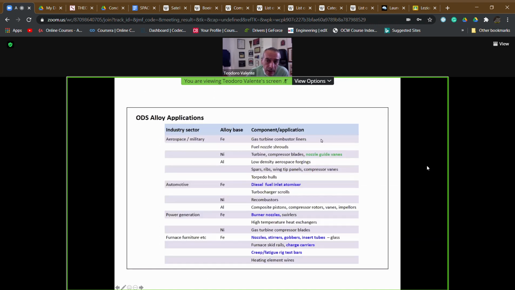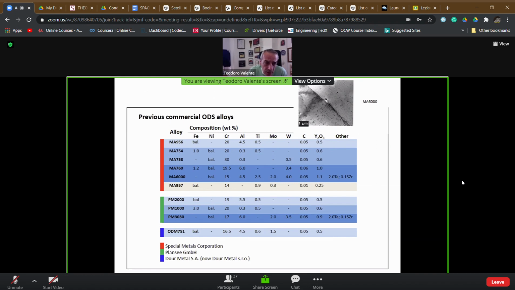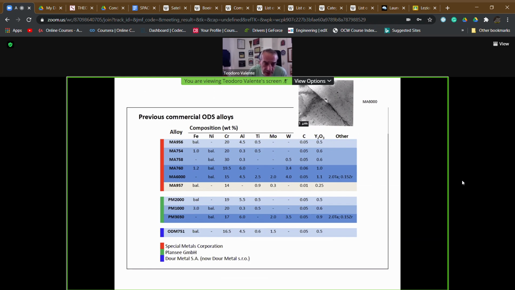You see in the column of the ceramic type, which is used to fabricate the ODS, that in all these cases we have yttrium oxide, also called yttria. And this is also the designation of the ODS alloys, which does not have any correspondence, like in other cases, with chemical composition or mechanical properties.